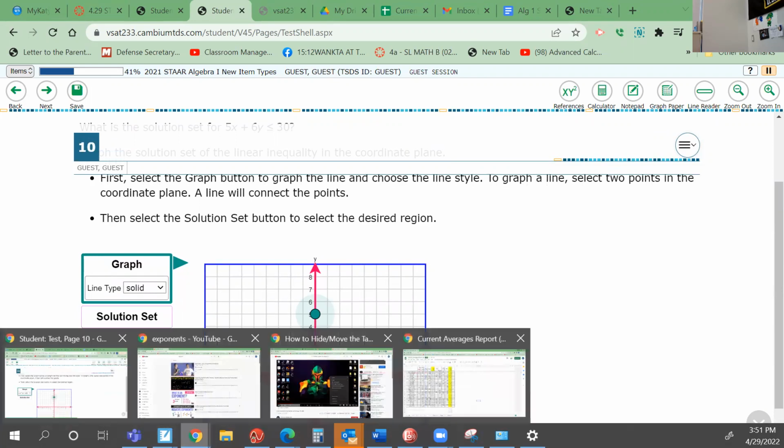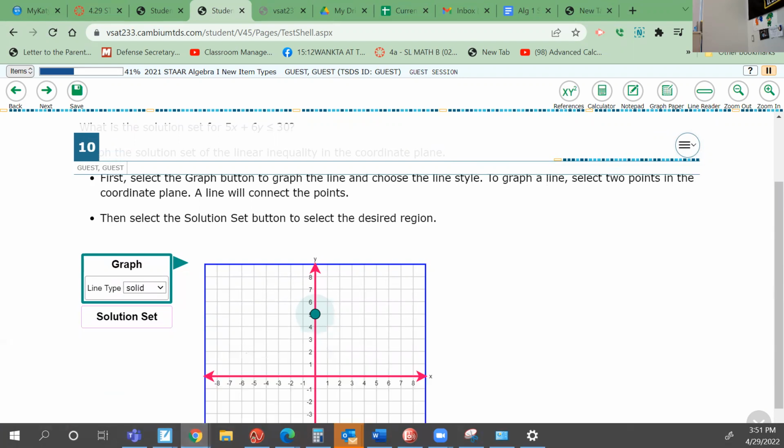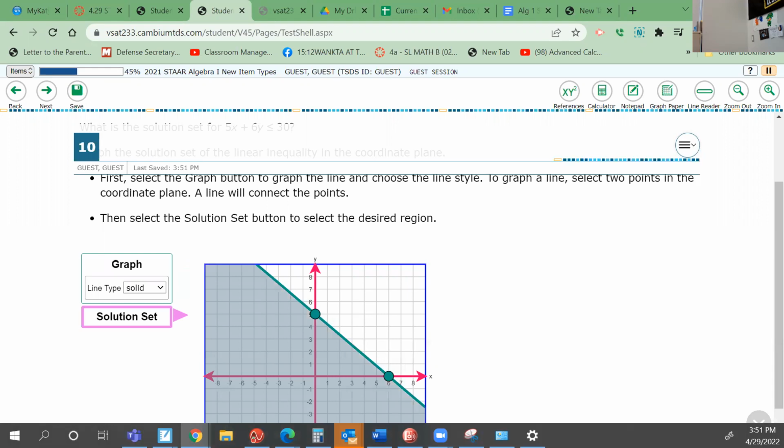Therefore, I'm going down 5 and over 6. So down 5 is going to put me at the origin, and over 6 is going to put me right there. And the solution set, because it's less than or equal to, is going to be everything below the line, which is there. Good.